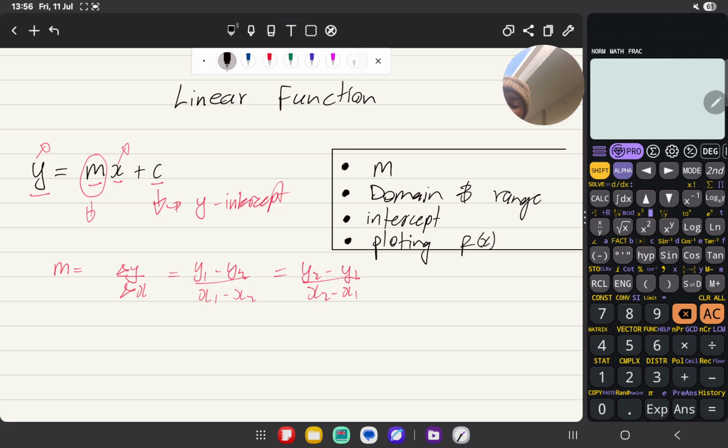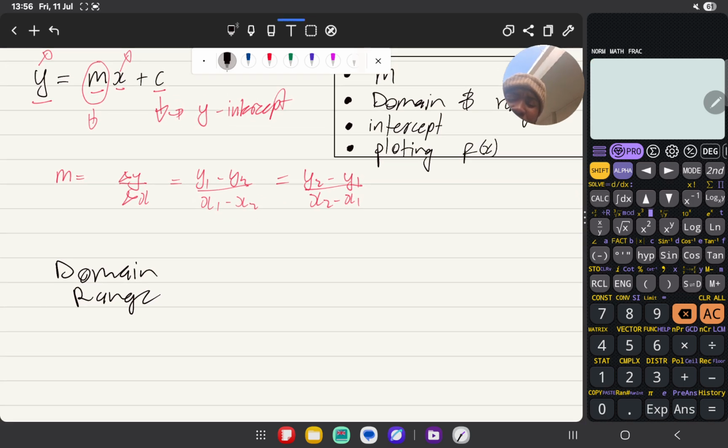So we have this thing called domain, and we have this thing called range. We'll also talk about the intercepts, and plotting the graph is something we're going to do.